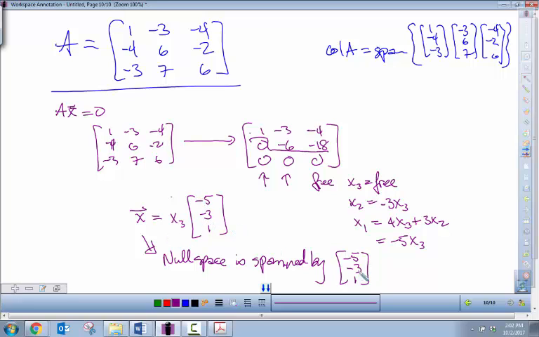And so what we have here is one vector that's being multiplied by a scalar. When x3 is equal to 0, you're at 0, and any scalar multiple would be just on a particular line in 3 dimensions. So the null space in this case would be a line spanned by this vector.